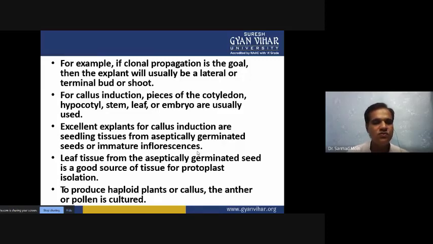Leaf tissues from aseptically germinated seeds are a good source of tissue for protoplast isolation. So when we do protoplast isolation for fusion purposes, leaf tissue is a very good source. If our target is to germinate seeds or use immature inflorescence, we can easily induce callus from these seedling tissues.